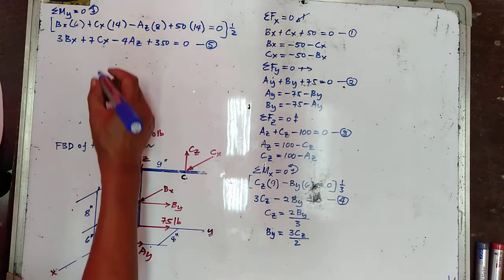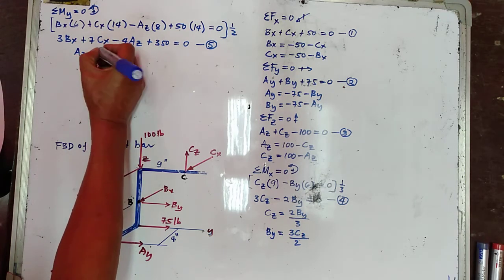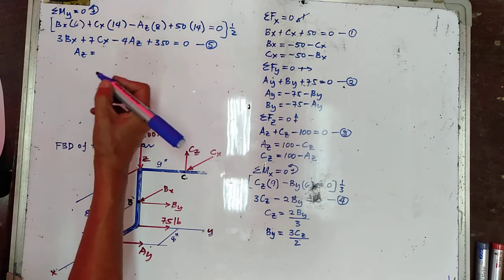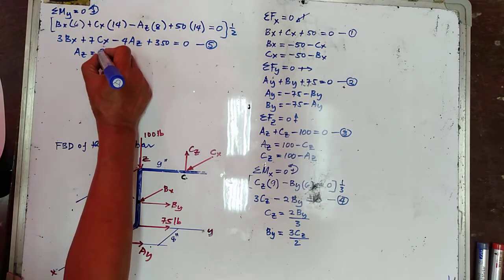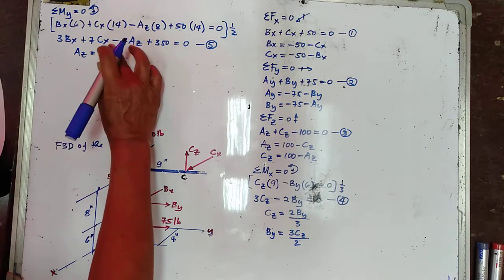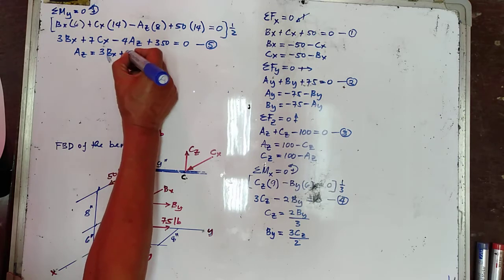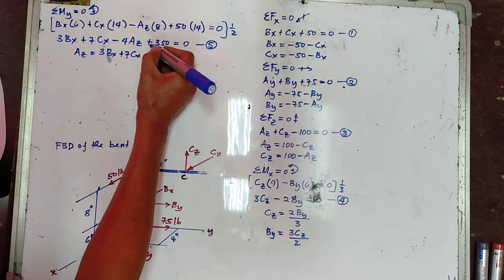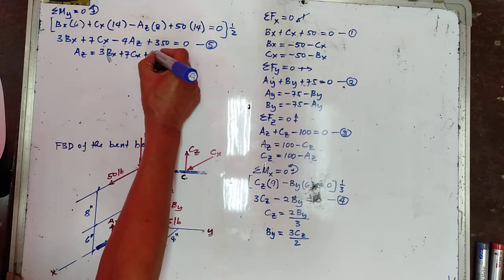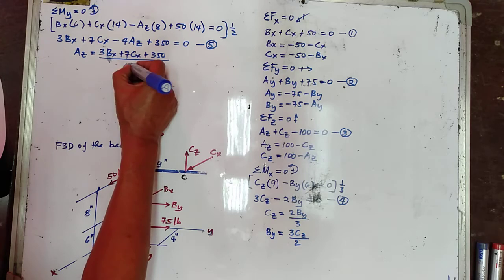Now, from this, your AZ is equal to 3BX plus 7CX plus 350 all over 4.